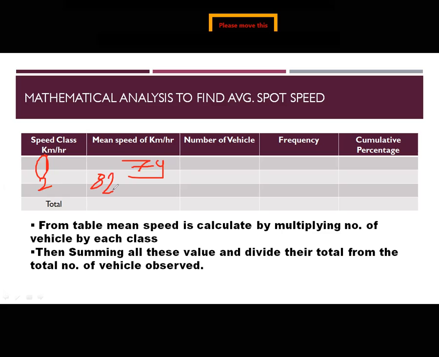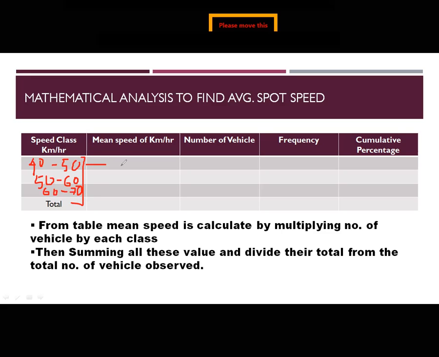This will be a huge number of vehicles, so we do not apply this method. First we consider speed classes. Speed class means, for example, starting from 40 to 50, then 50 to 60, 60 to 70. These are the speed classes.